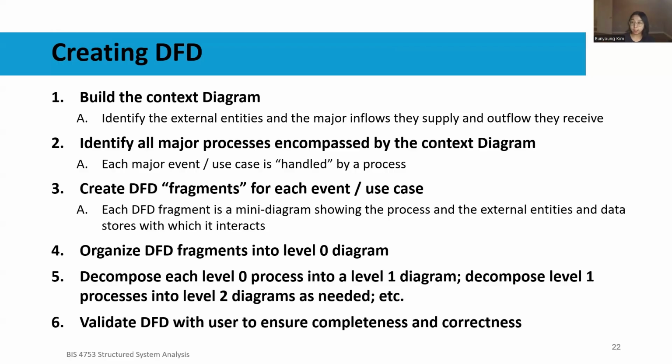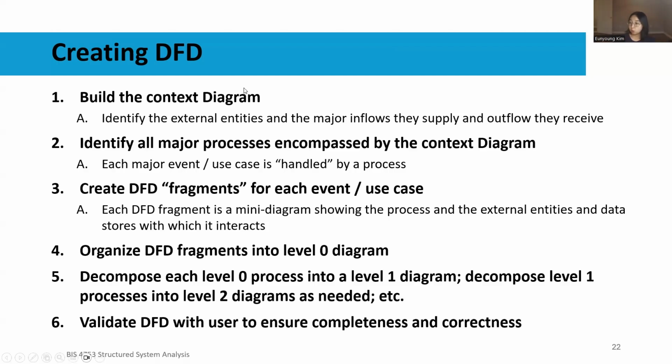So what will this manuscript management system do, right? Evaluating manuscript, retrieving the manuscript, right. So all of these major activities and actions will be defined as the level 0 diagram.